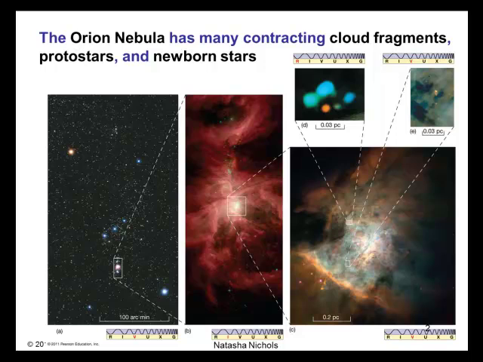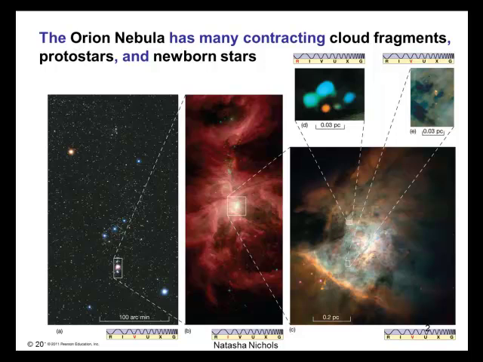If we enlarge that area and we take a look at frame B, we see how the nebula itself is partly surrounded by a vast molecular cloud. Various parts of this cloud are probably fragmenting and contracting, with even smaller sites forming protostars.